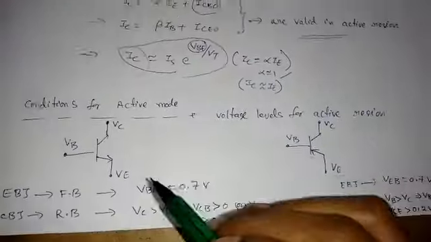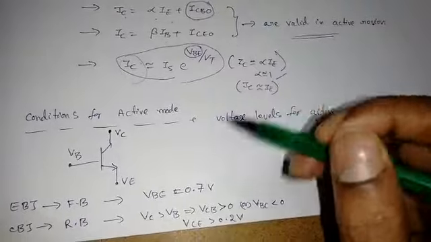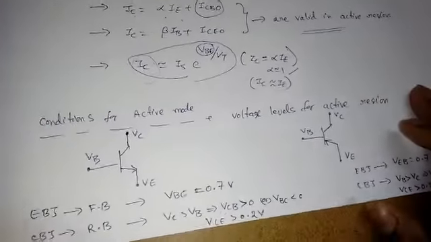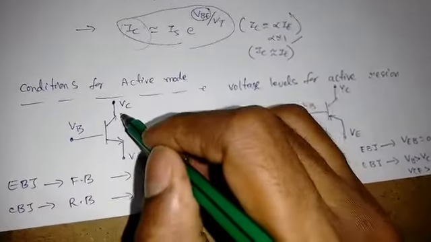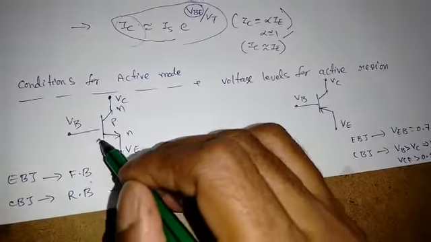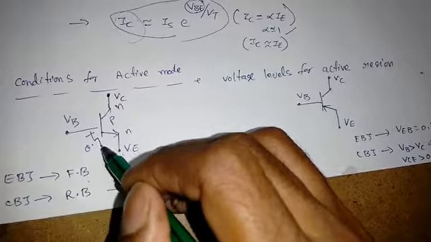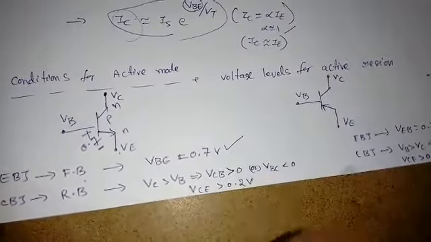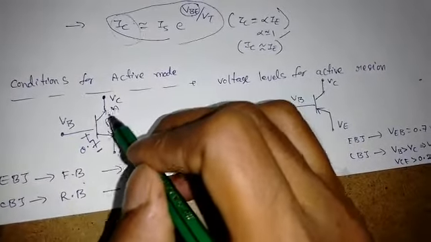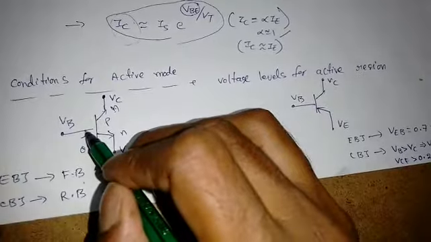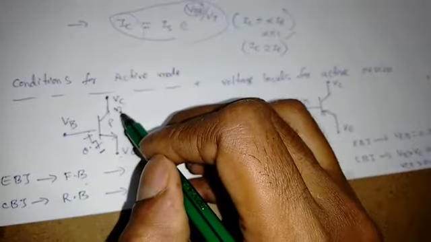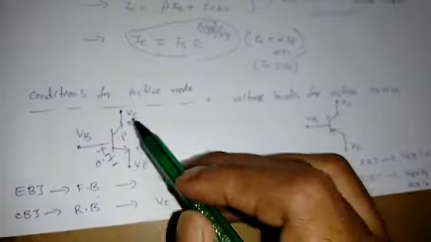We know the forward and reverse bias conditions, but when the transistor is in a circuit, what should be the different voltage levels for any transistor? Taking an NPN, the emitter base junction should be forward biased. The cut-in voltage of a diode is 0.7 volt for silicon, so VBE should be 0.7 volt. Now the collector base junction should be reverse biased. The collector is N-type semiconductor and the base is P-type. It becomes reverse biased when VC is greater than VB, that is, for the N-type semiconductor we have to give more voltage compared to the base.